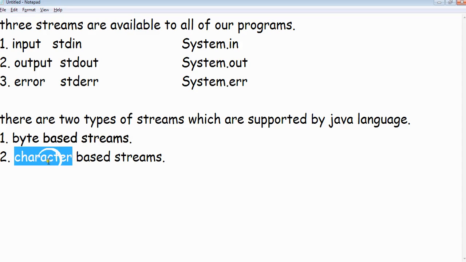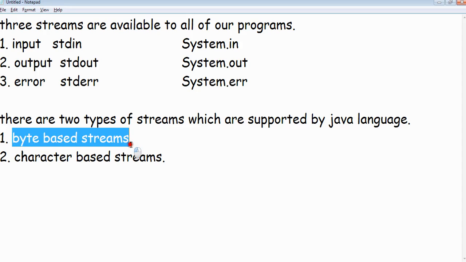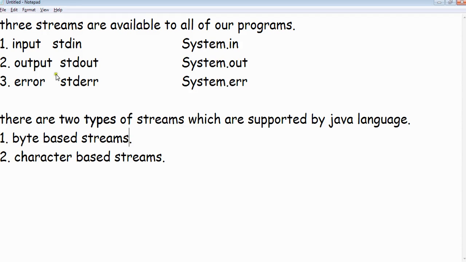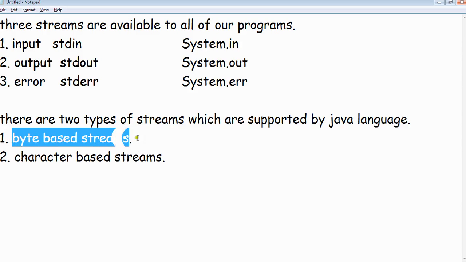Why? Because some languages like Russian and Chinese have more than 30,000 alphabets, and those 30,000 alphabets cannot be accommodated into 8 bits. If you save one character, take an example of this S, in 8 bits, then you can only save up to 256 different characters.